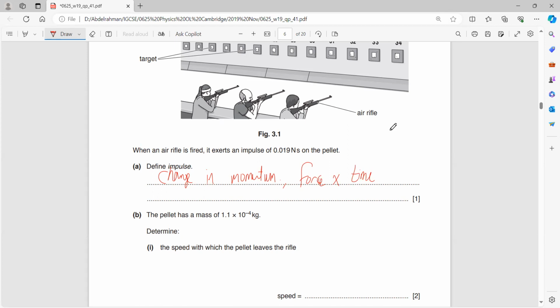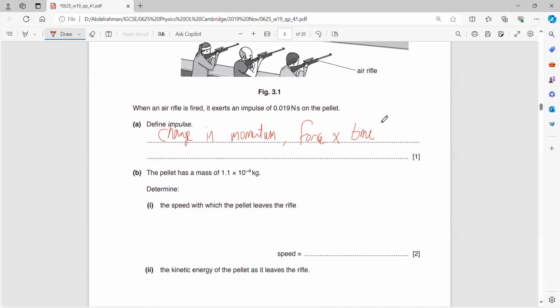The pellet has a mass of 1.1 times 10 to the negative 4 kilograms.